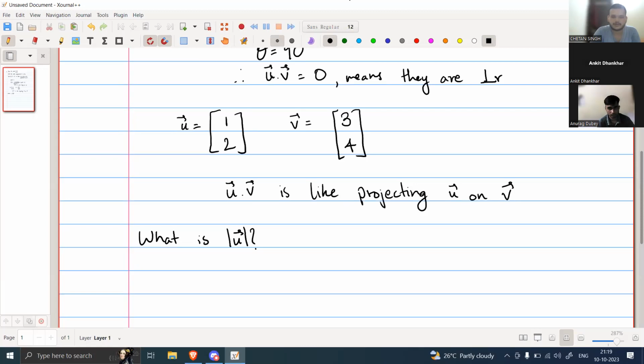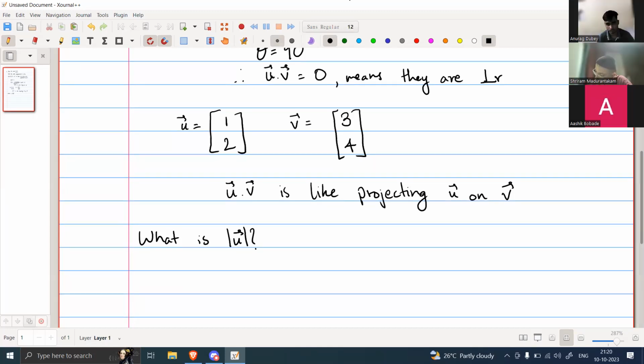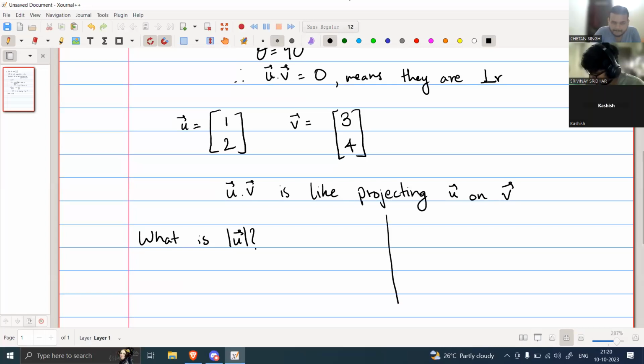Can you tell us what the magnitude of the u vector is? If the endpoint coordinates are x comma y, then the magnitude is root of x square plus y square.